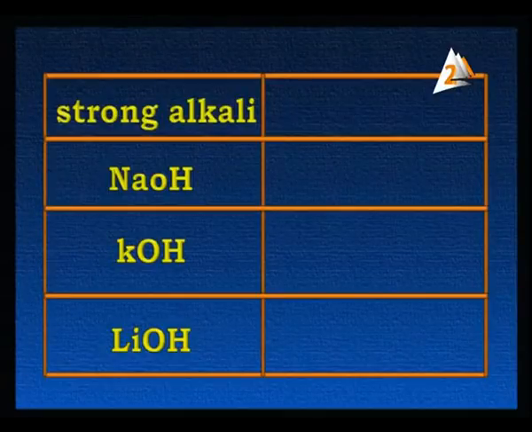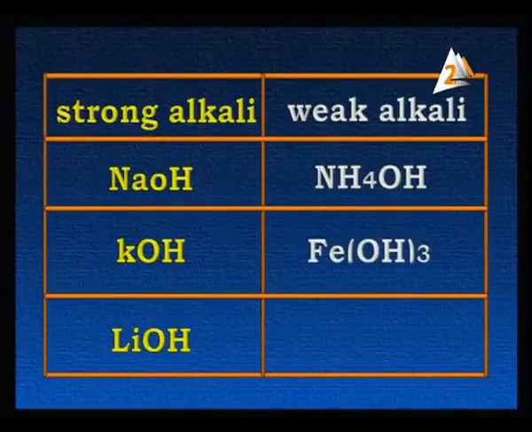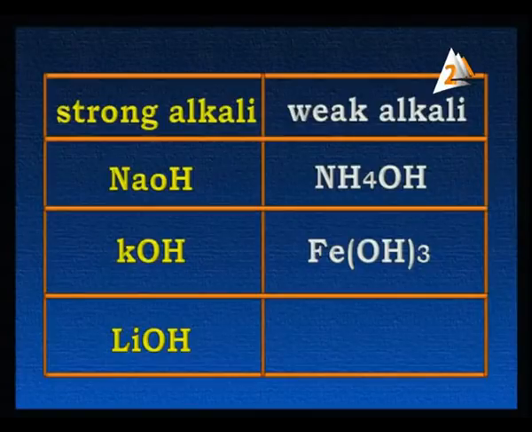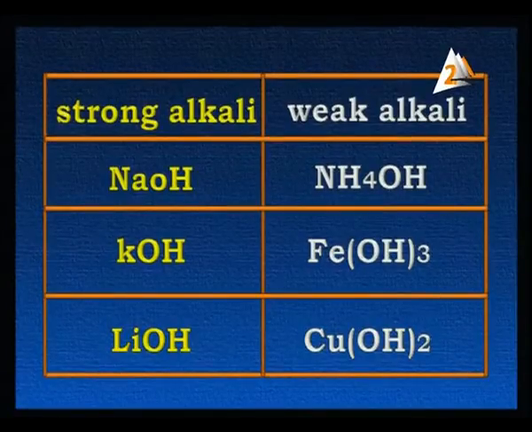Any one of them is called a strong alkali. But we have weak alkalis: NH4OH, ammonium hydroxide, iron hydroxide 3, and Cu(OH)2, copper hydroxide. So here this is any metal except alkalis.